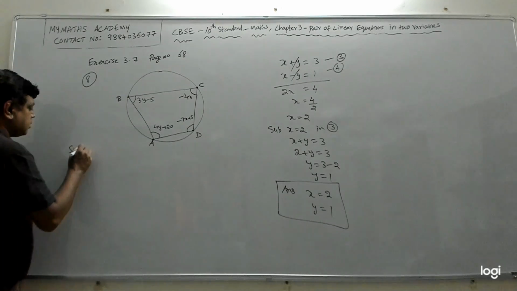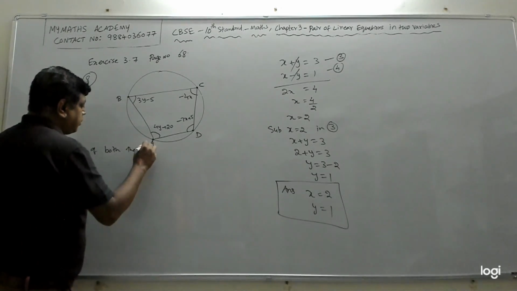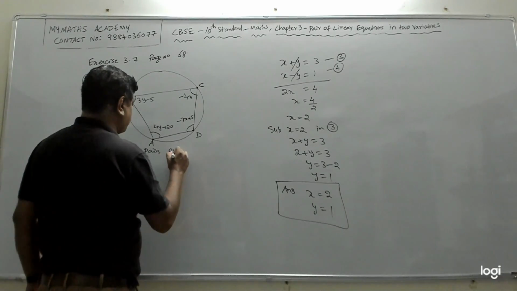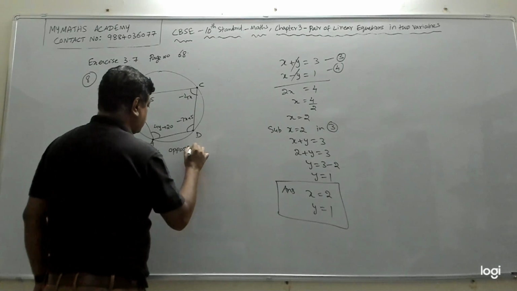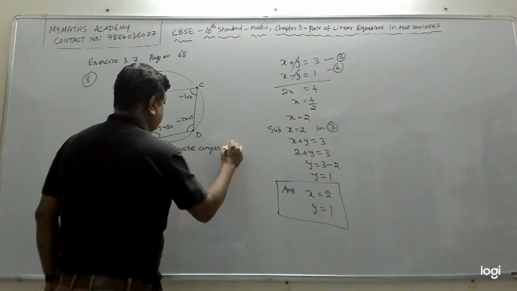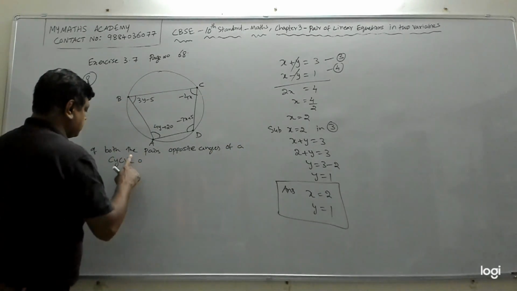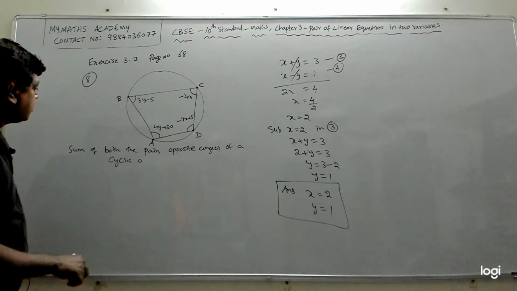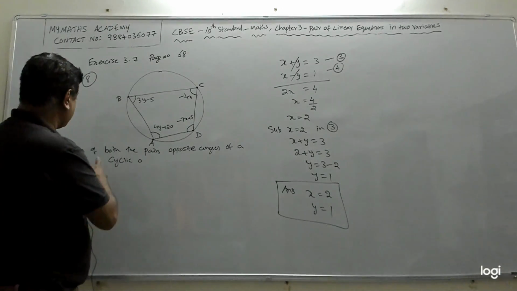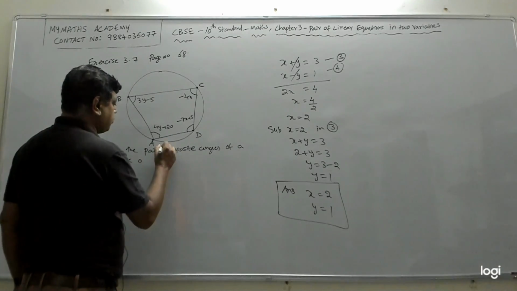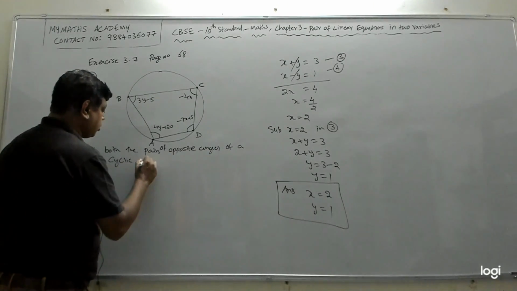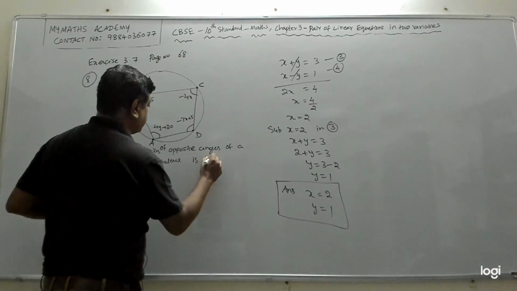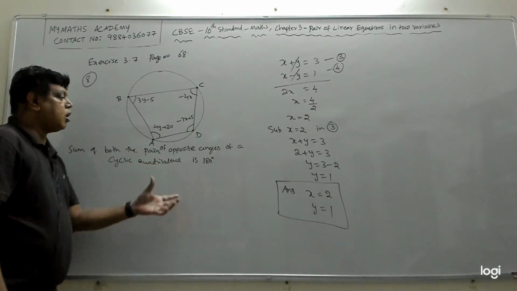The sum of both the pairs of opposite angles of a cyclic quadrilateral is 180 degrees.